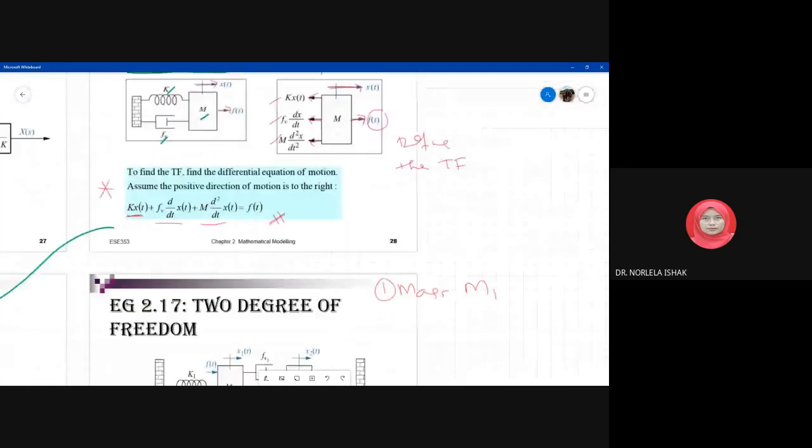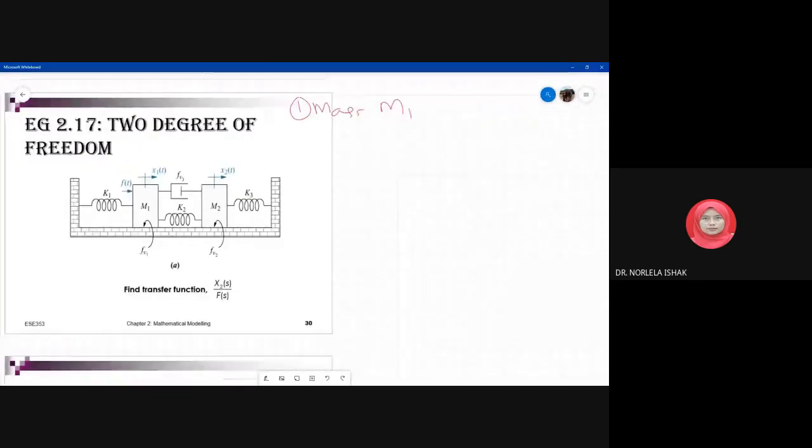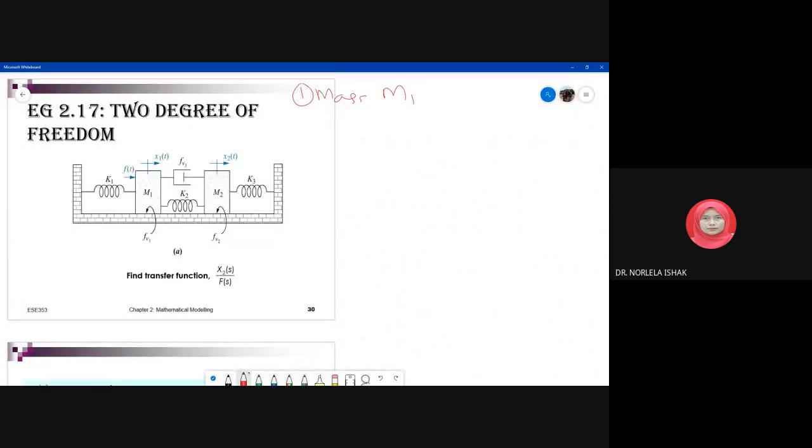Okay, let's see from here, how to derive mass 1? What's the impedance related to x1?